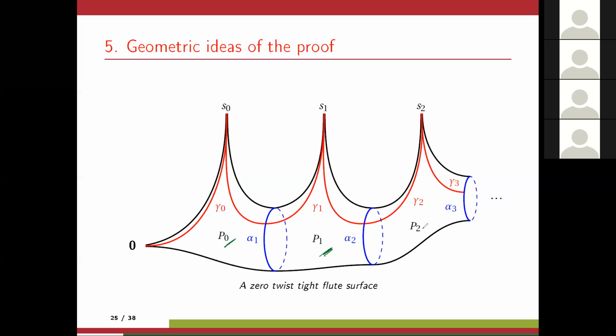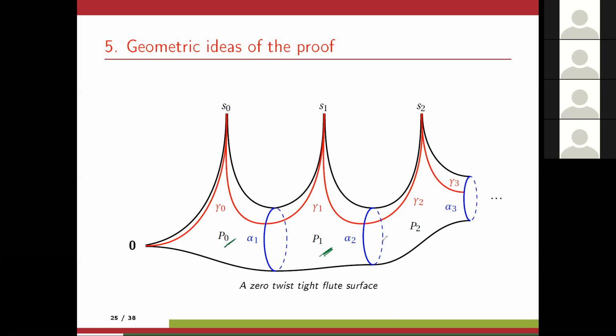The geodesic pair of pants P2 is glued with P1 using the geodesic gamma 2, and so on. This type flat surface has infinitely many pants, of ordinal number omega plus 1.